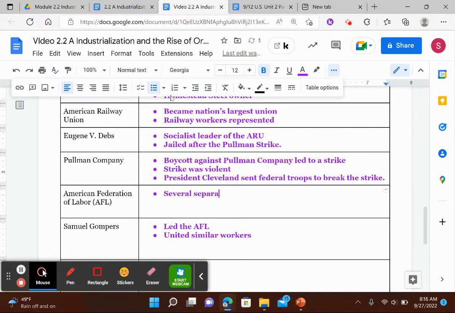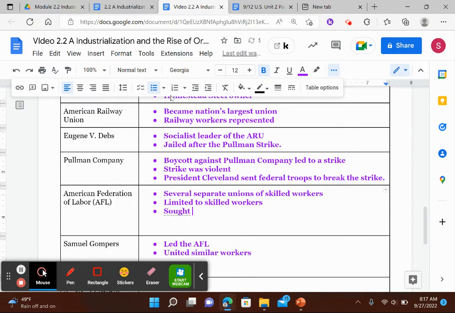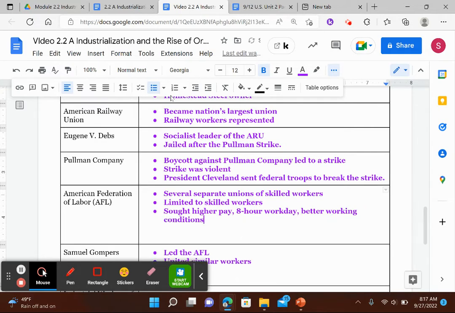Several separate unions of skilled workers, limited to skilled workers, sought higher pay, an 8-hour work day, better working conditions, and job security.